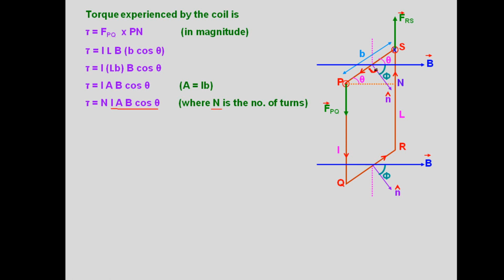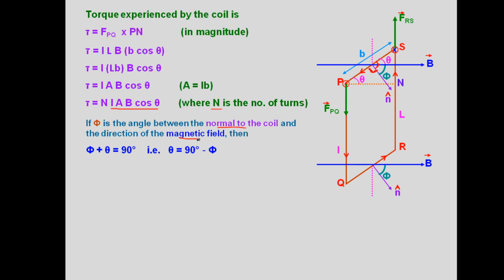So clearly phi plus theta is 90. So theta plus phi is 90, and theta can be written as 90 minus phi. Phi is the angle between the normal to the coil and the direction of magnetic field.